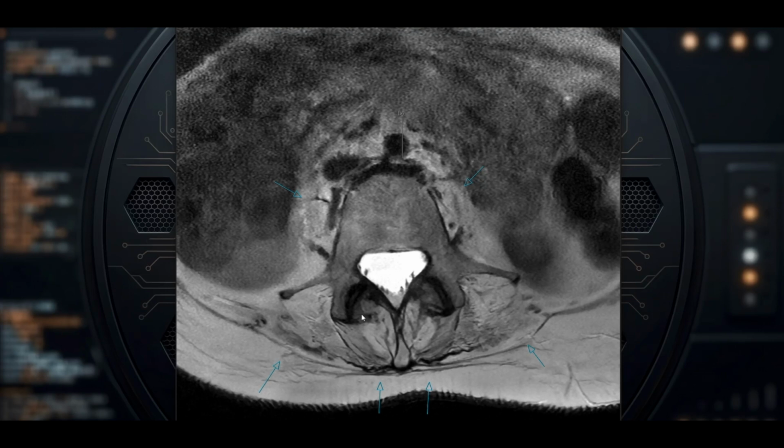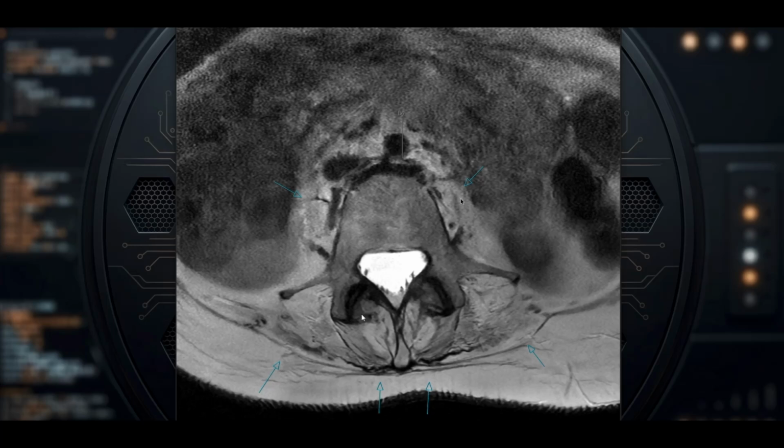Moving down to the lumbar spine, we can see dramatic downstream effects of this motor neuron loss on the musculoskeletal system. Look closely at the paraspinal muscles right here, especially the erector spinae muscles and psoas muscles.